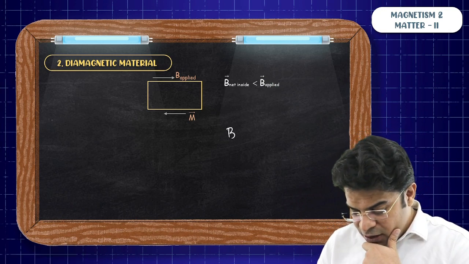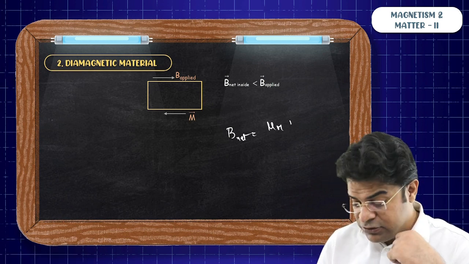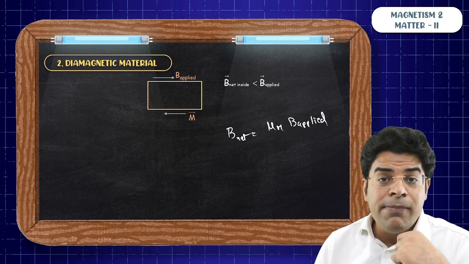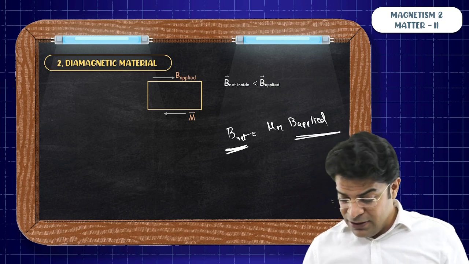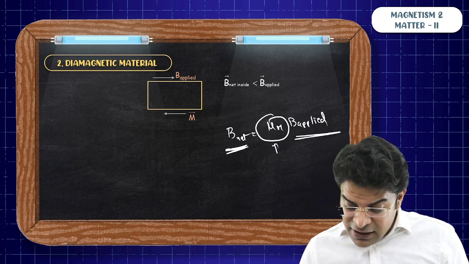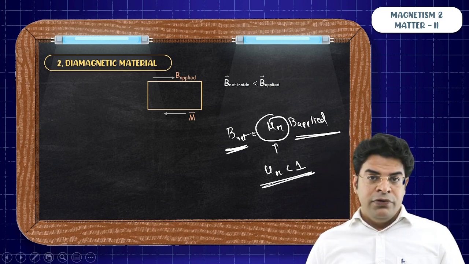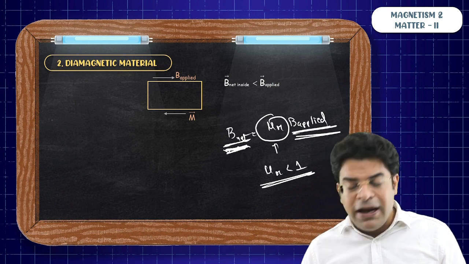We know that the net magnetic field inside equals relative permeability times the applied magnetic field. And we know that for a diamagnetic substance, the net magnetic field inside is less than the applied. This tells us that the relative permeability has to be less than 1. Then only the net magnetic field inside will come out to be less than the applied magnetic field.